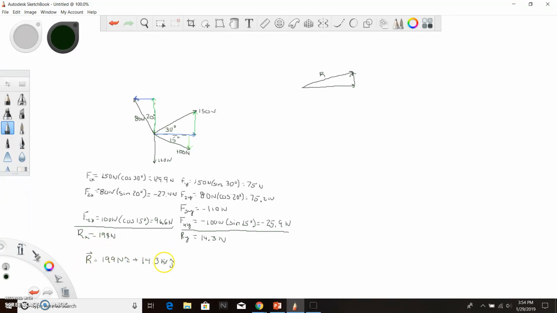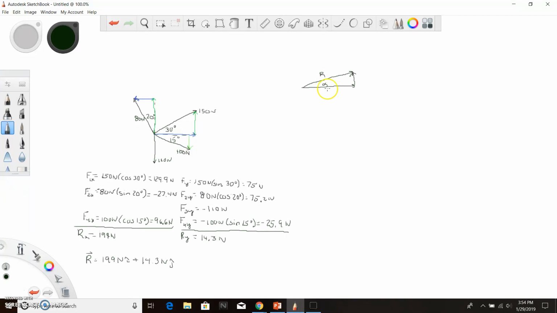That is a correct answer. That's one way to list this vector. One correct way. If I wanted to do the magnitude and direction, we will call this angle alpha.